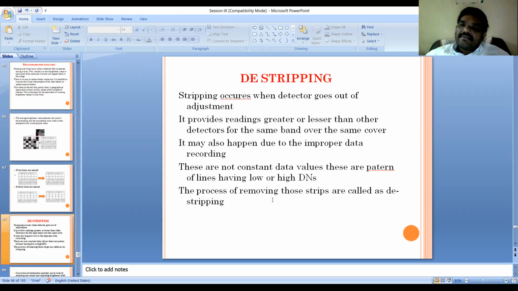In such instances, the line will be removed, or rather the process of removing those strips, not lines. If a line is missed, the entire feature may be missed. What we are removing are those unbalanced digital number values.